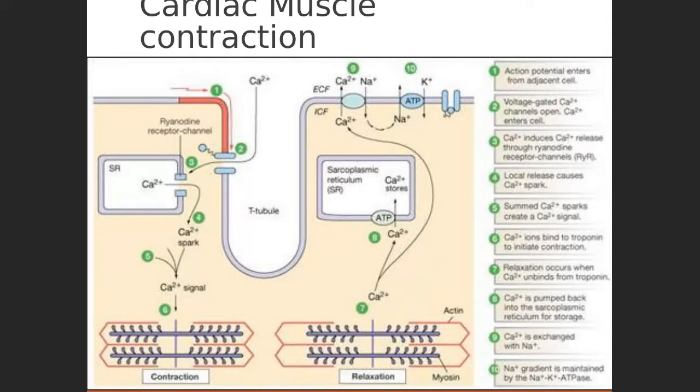When that calcium enters the muscle cell, it's going to bind to ryanodine receptors on our sarcoplasmic reticulum. And when that happens, calcium is released from the sarcoplasmic reticulum and into the sarcoplasm.